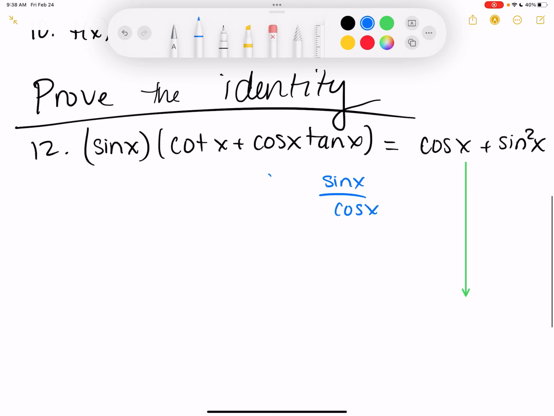Where did the arrow come from? I just drew it saying that I'm just bringing it down. I'm not touching that side. So cosine cancels. What else? You can change cotangent to cosine over sine.